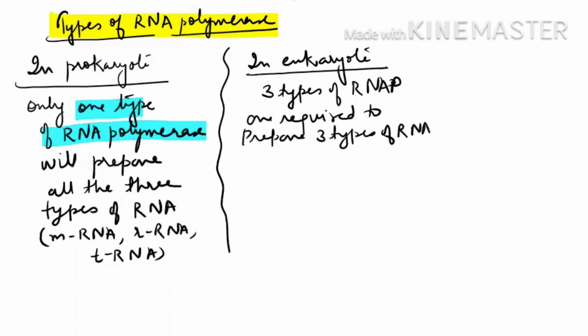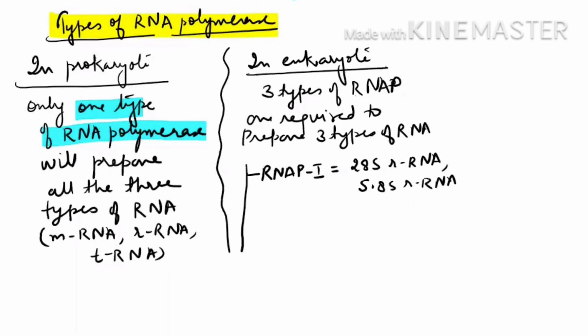Now see, this is your RNA polymerase 1, which will prepare ribosomal RNA, that is 28S ribosomal RNA, 5.8S ribosomal RNA, and 18S ribosomal RNA.